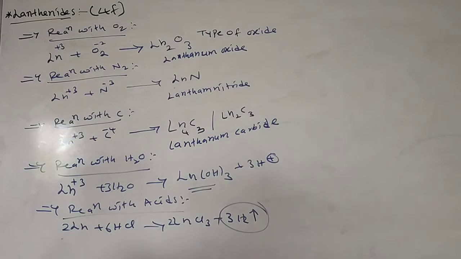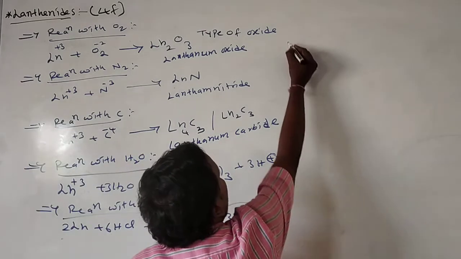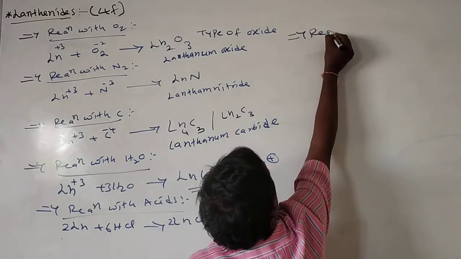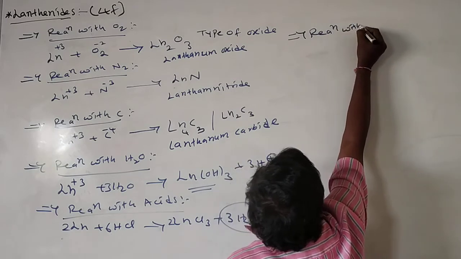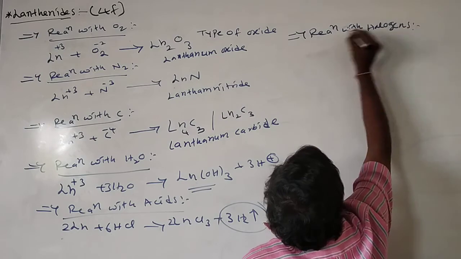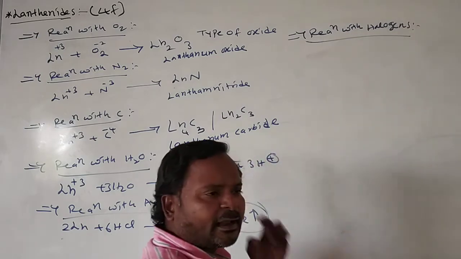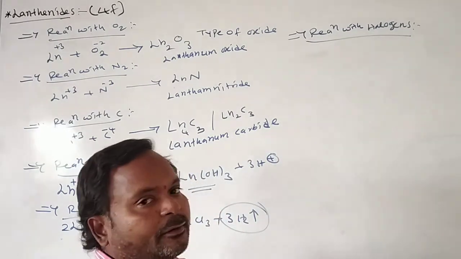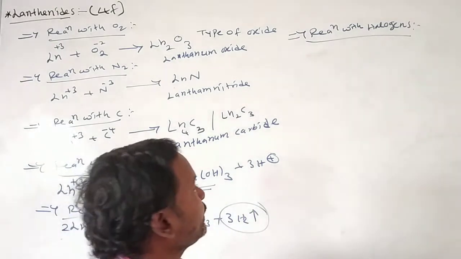Then in continuation, you will see the reaction with halogens. Halogens means any halogen. You take chlorine, bromine, iodine. We can't take fluorine.